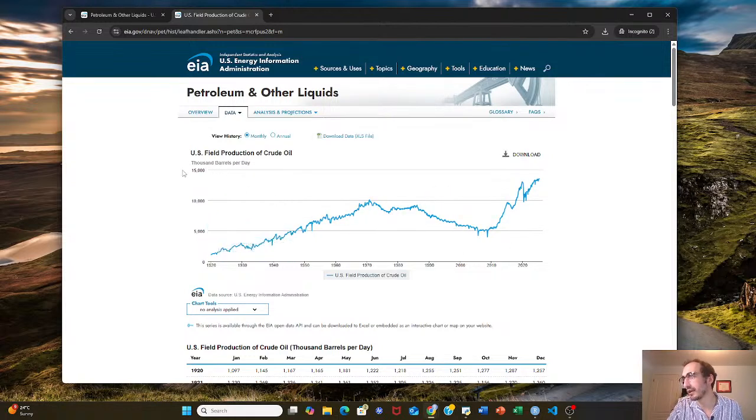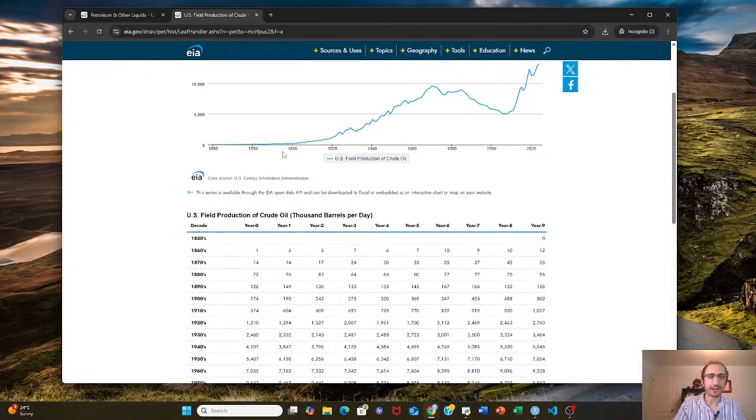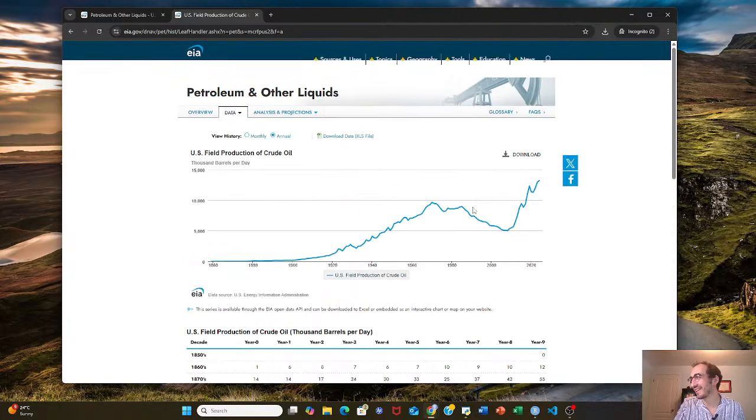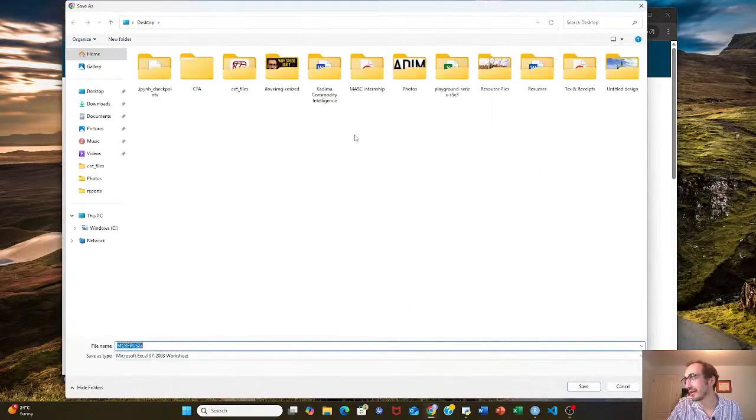U.S. fuel production. I'll use the U.S. as a kind of gauge, because we can look at West Texas Intermediate. I always have to say that word slowly, otherwise I mumble it. Can we zoom in? I'll download the Excel data.